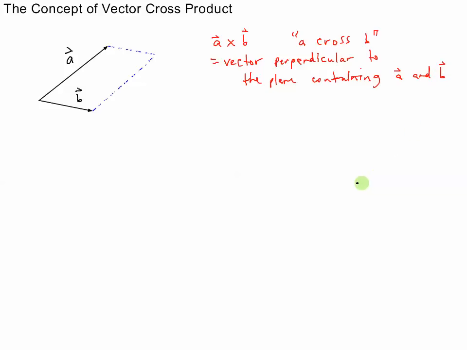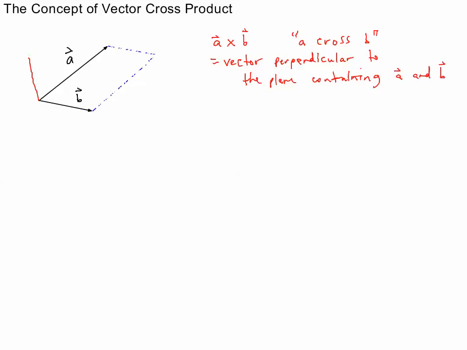Okay, so you've got two options for your vector A cross B. If you imagine a vector that's perpendicular to this plane, you always want to draw it at the same initial point.